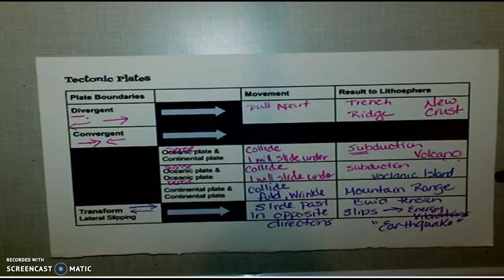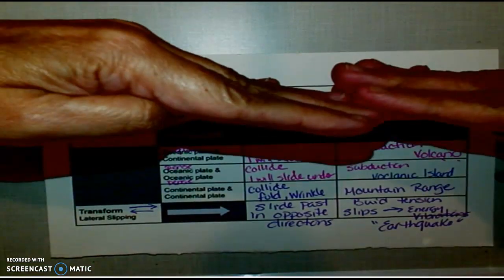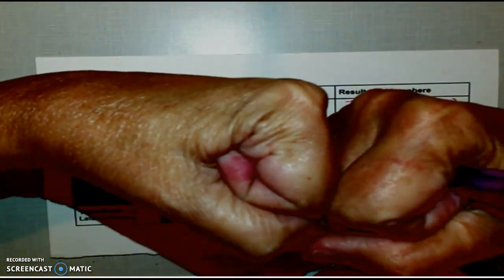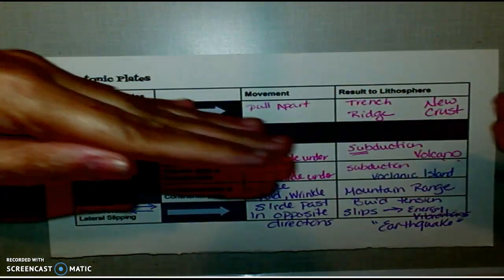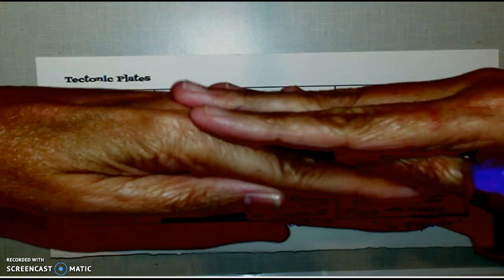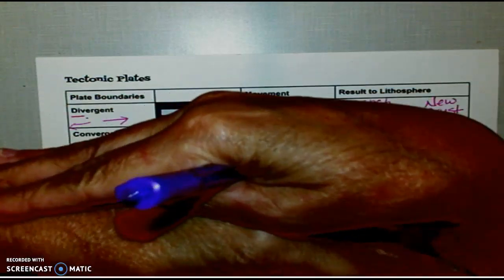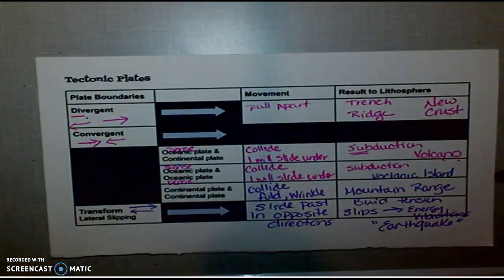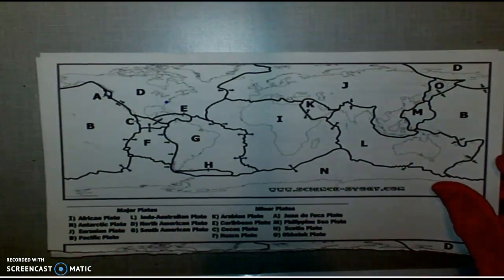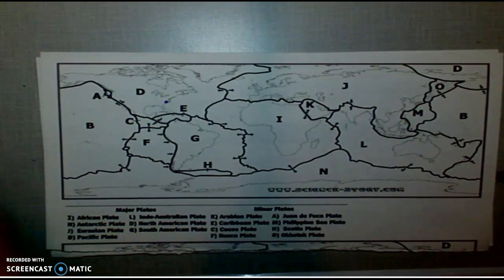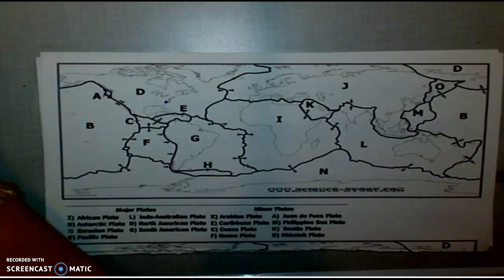So divergent is going to pull apart, convergent is going to come together and meet each other, and then that transform is going to slide past each other, and they're going to cause a lot of tension. Now when you're looking at the map here, if you have it on an electronic file, it's going to be really hard to do this, but if you have a hard copy, it's perfectly okay.